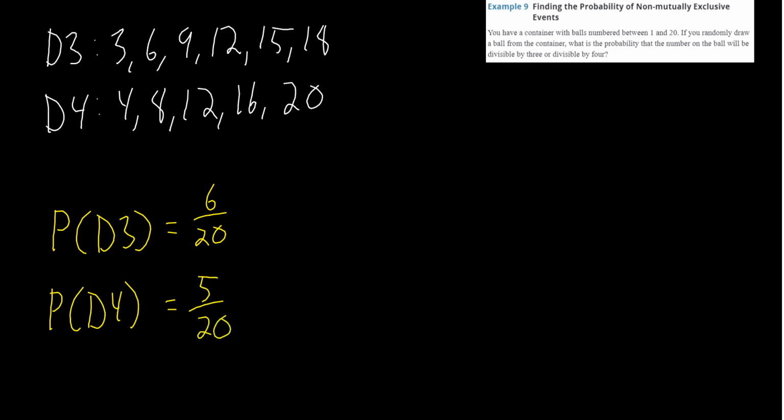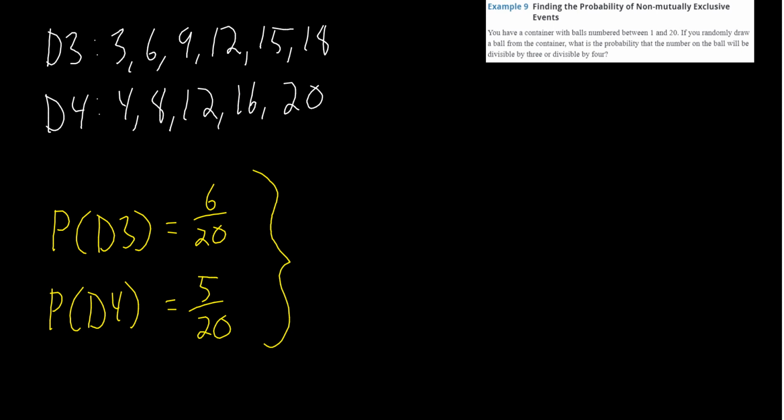But we're not done because there's an overlap. There's one overlap, and the overlap is this 12. So we're going to subtract that overlap from these two sets.